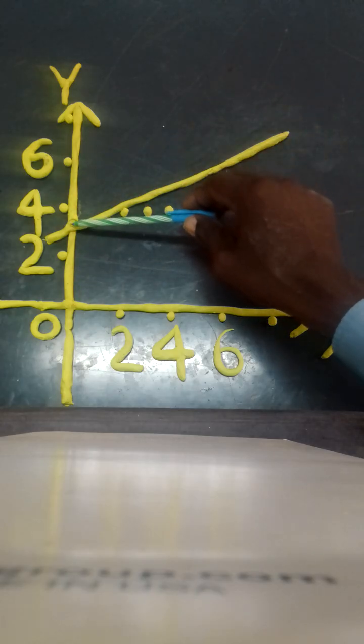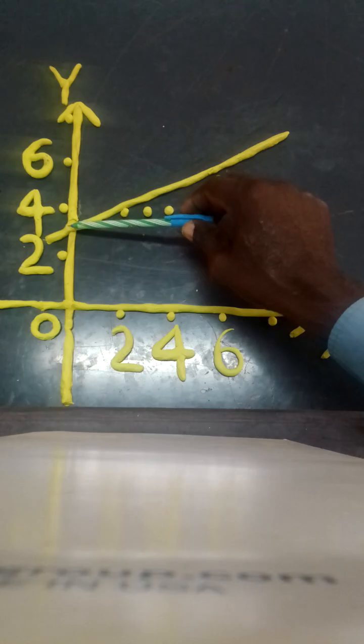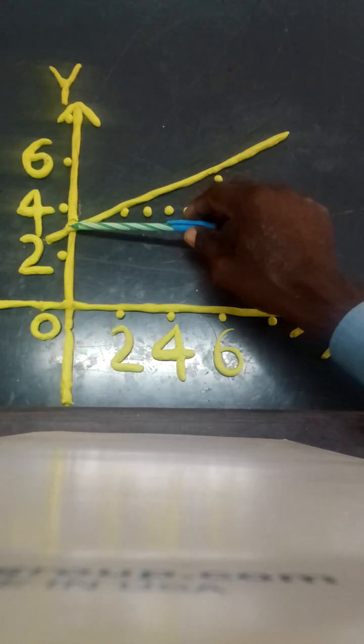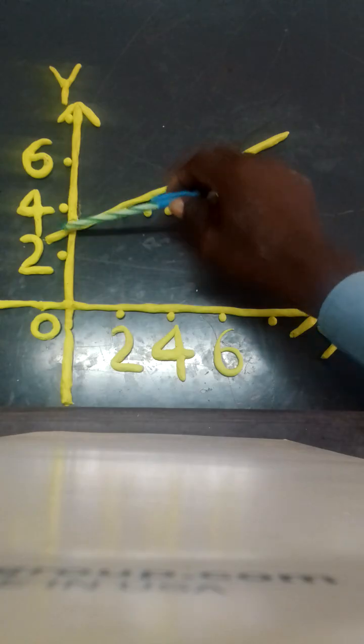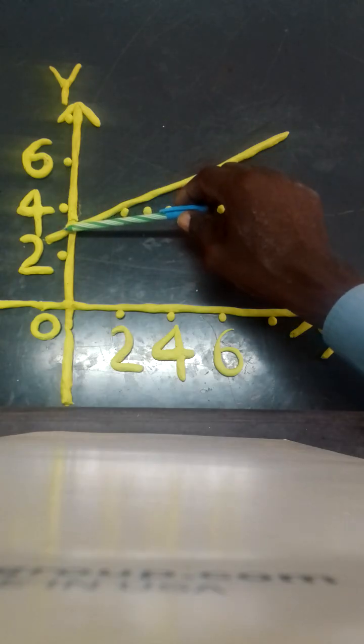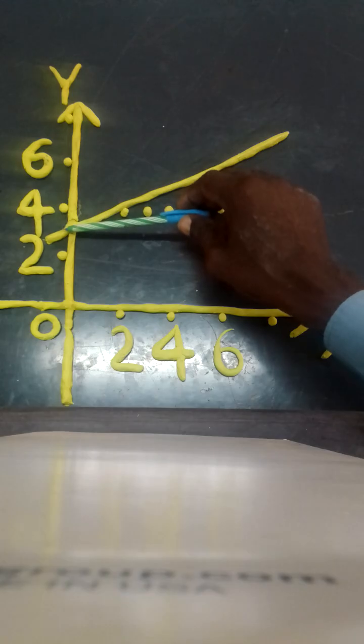We say that the value of y at this point, where the line crosses the y-axis, is the y-intercept. The value of y at this point is 3 in this case. So the y-intercept is 3.